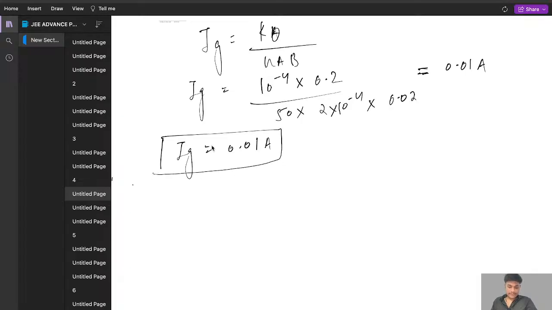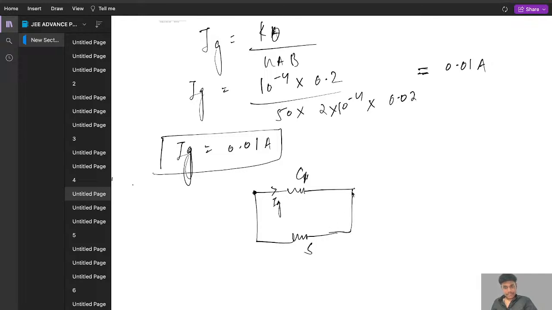Do you understand this? Please tell me. Now we have got the maximum current through the galvanometer. Now we are going to find the shunt resistance. This is our resistance G, that is the galvanometer resistance. This is the current through the galvanometer, and this is our shunt resistance.